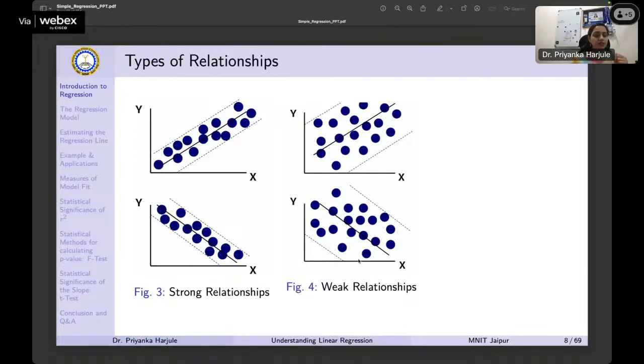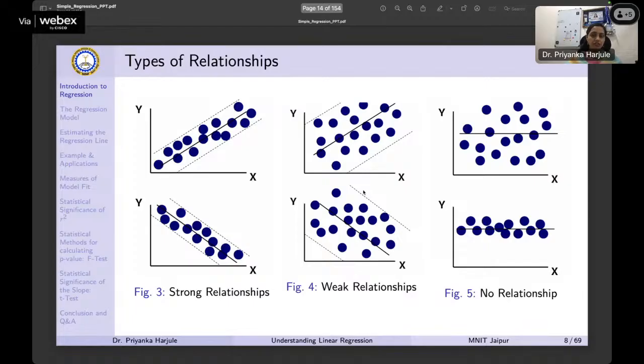Negative weak relation means y is decreasing as x is increasing, but the link is very weak. For example, age and the amount of social media use. Older age might reduce use, but not strongly. So these are the kind of linear weak relations.